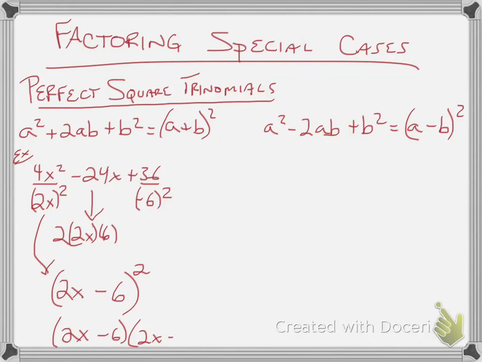So if this is confusing, you don't need to use it, but you should start to notice it. Okay? Notice when these are perfect squares, because a lot of times they end up being the same binomial twice. You can still factor it the same way.